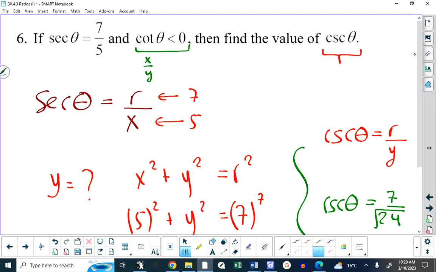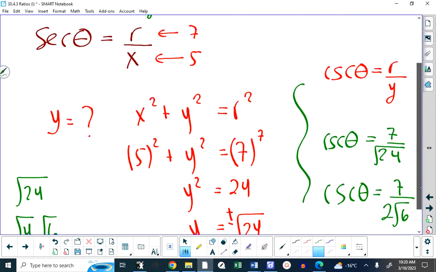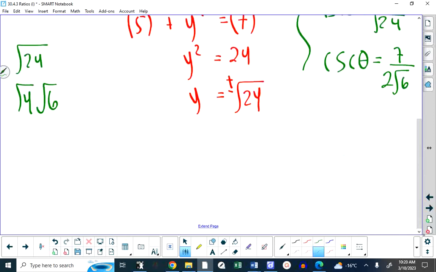Now, what does that mean? It means that x is negative and y is positive, or x is positive and y is negative. One of those 2 coordinate parts has to be positive and one has to be negative. But since secant was positive, x was positive. And that means that y actually has to be negative. So we would write y equals plus root 24 or y equals negative root 24. But this one doesn't fly.